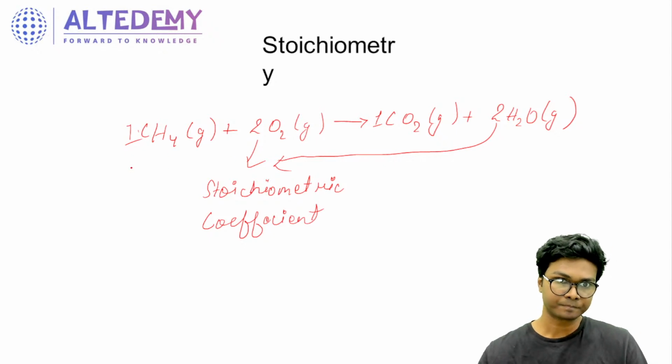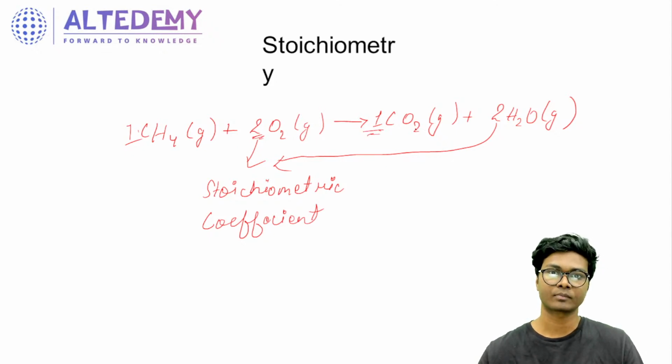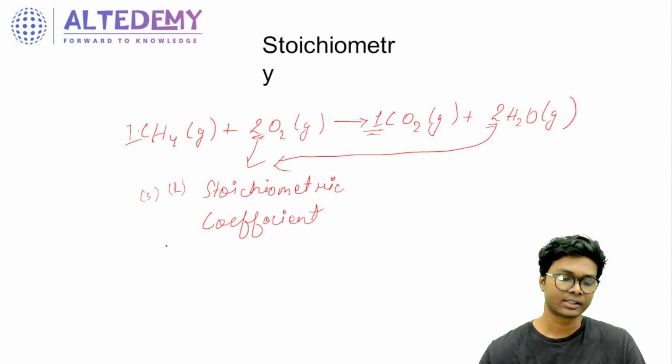Got it? So in an equation, the number of moles always balances. These are the number of moles, and this G is for gas. If we had solid reactants and products, then we would have written it as S for solid, and L for liquid.